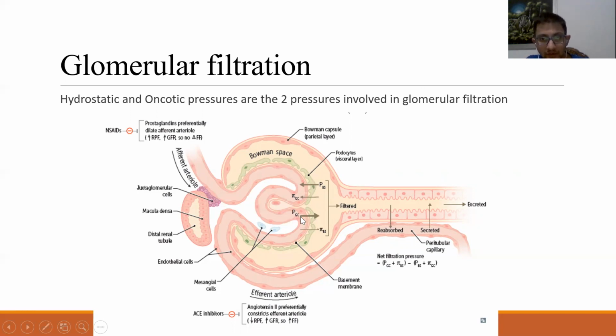And you can see over here, GC, this is pi that indicates the oncotic pressure. It's in the opposite direction because if there's protein anywhere, it draws water to it. It attracts water. It's its natural property, and that's what oncotic pressure is about.